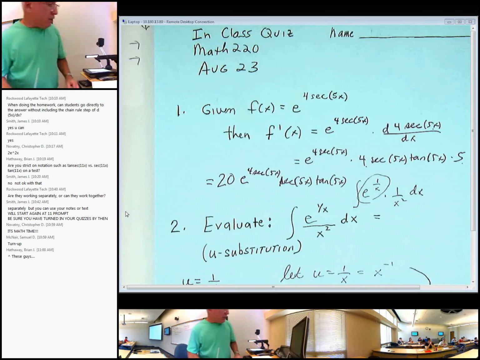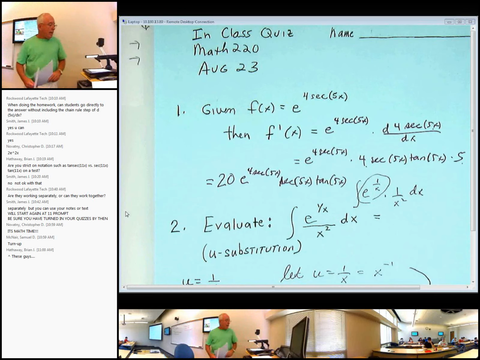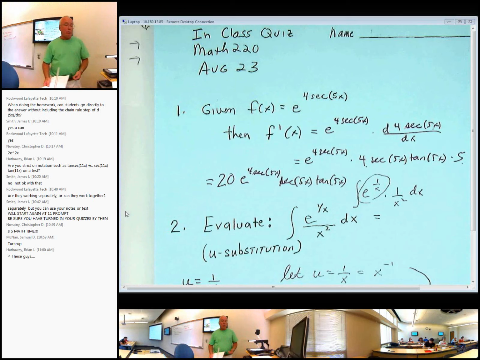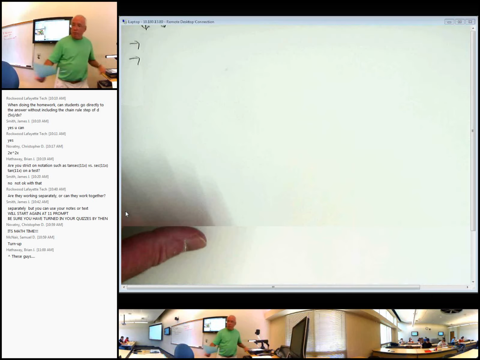Let's move on here to this next section, section 6.3. In section 6.3, what it does is it introduces or reviews log functions. We don't actually get into any calculus or derivatives in this particular section. All right.